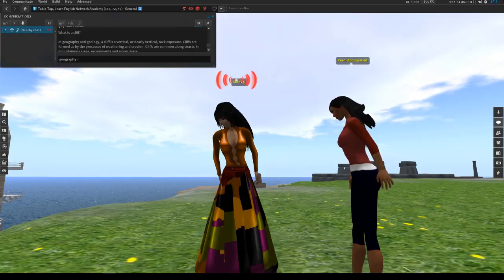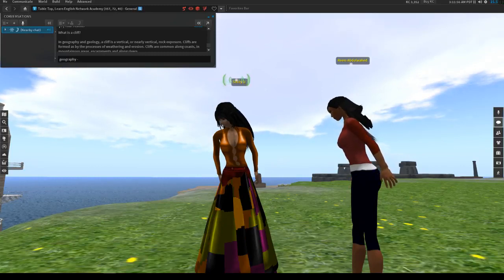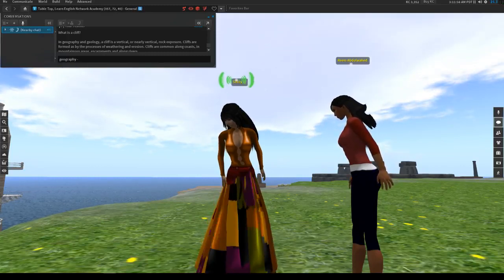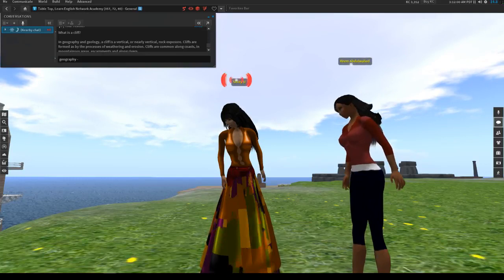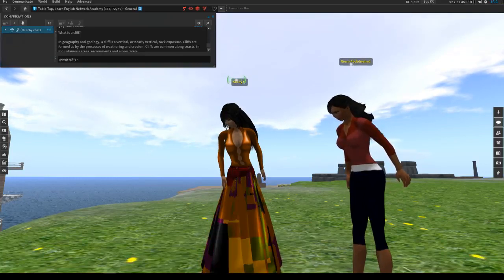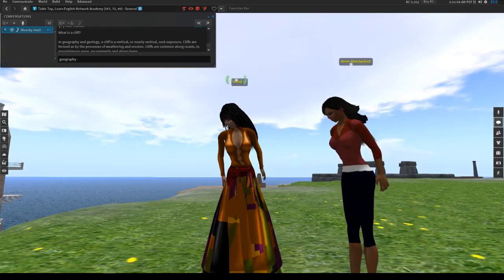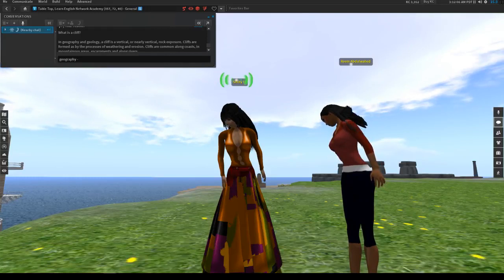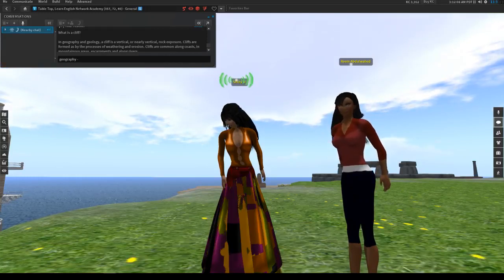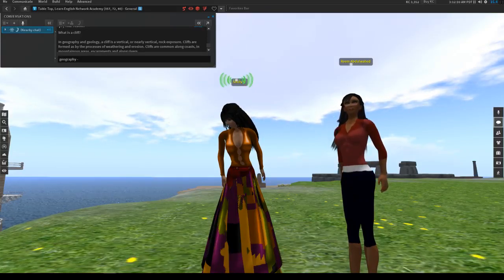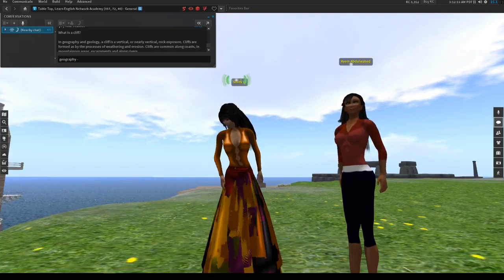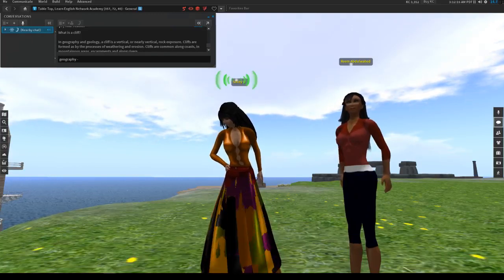Cliffs are common along coasts, in mountainous areas, escarpments and along rivers. Most cliffs have some form of scree slope at their base.